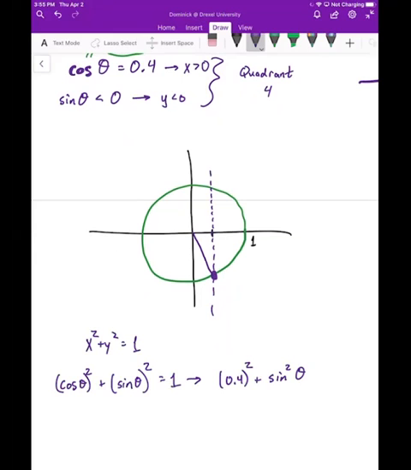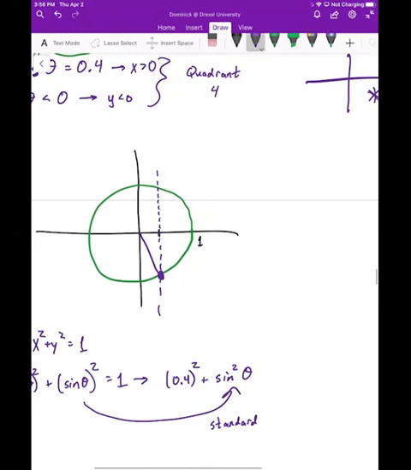Now, you'll notice that I sort of made this transition in notation here. This is usually the standard way of notating a sine or a cosine raised to a power. So we say sine squared and then the angle, just to avoid confusion that we don't mean that the angle is being squared. We mean that the entire trig function itself is being squared. All right, but again, we know that this is equal to 1.